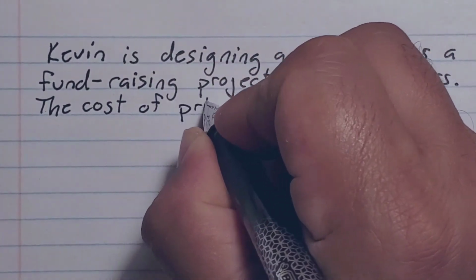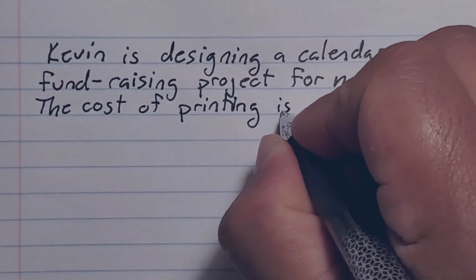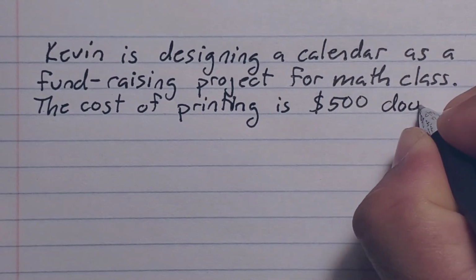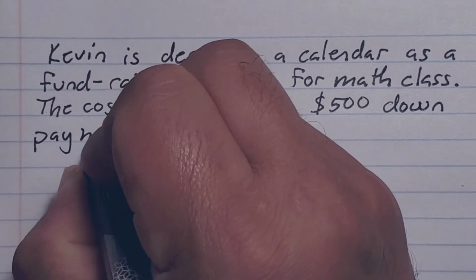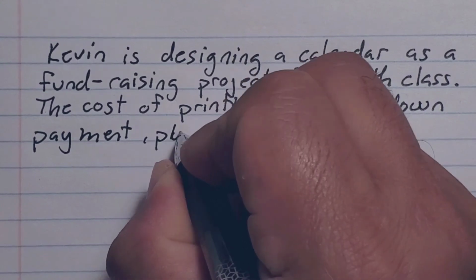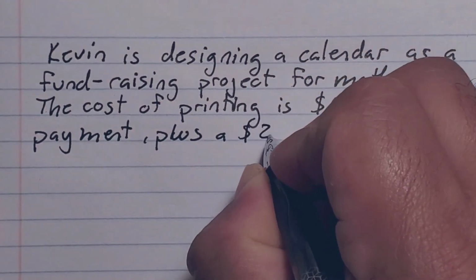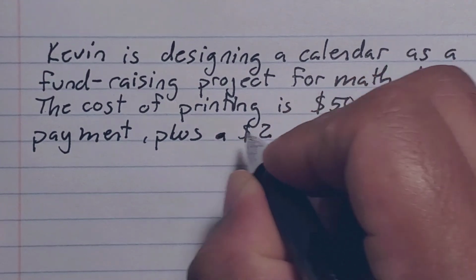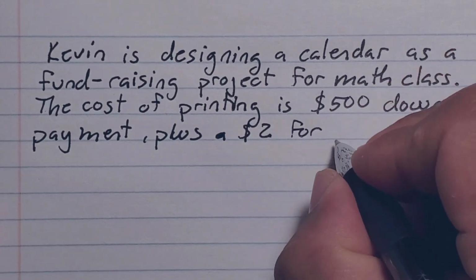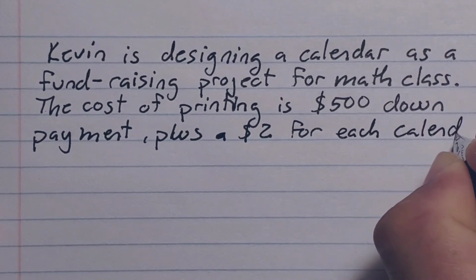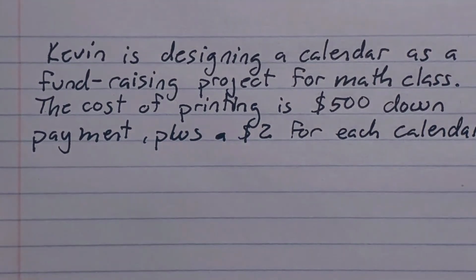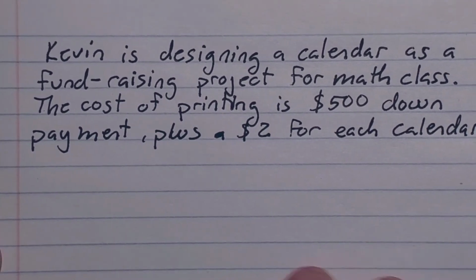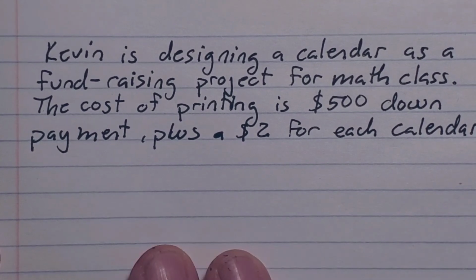The cost of printing is $500 down payment plus $2 for each calendar.